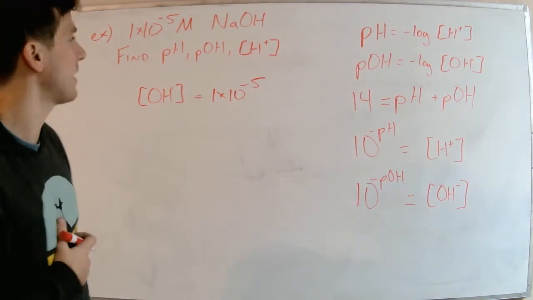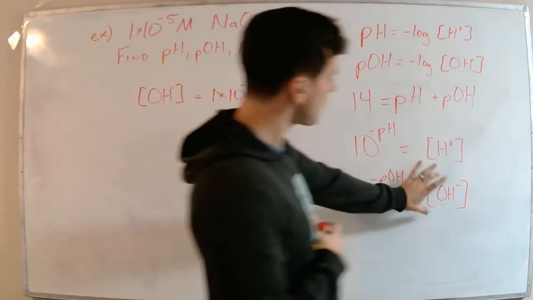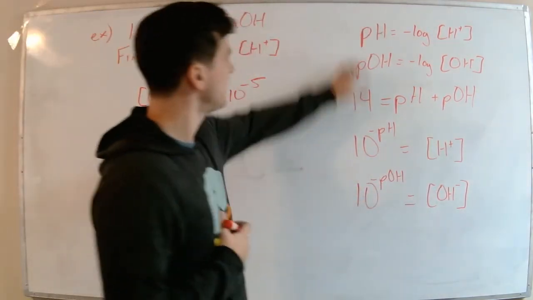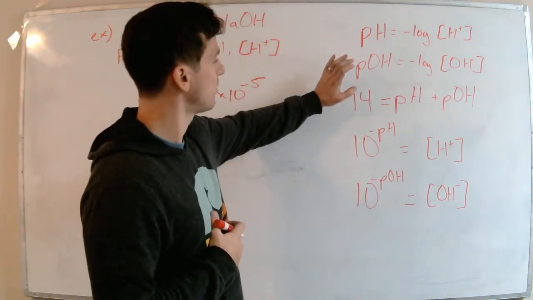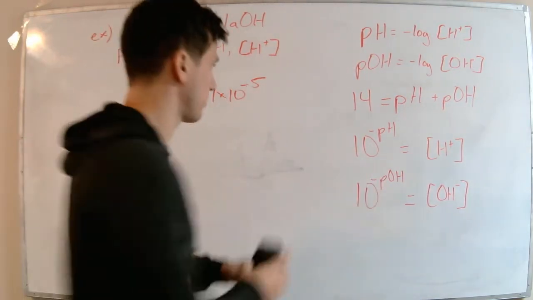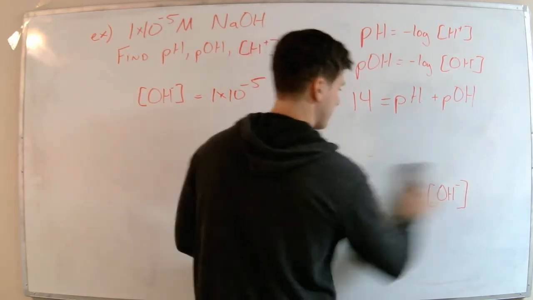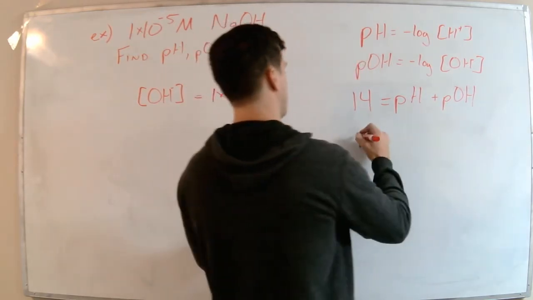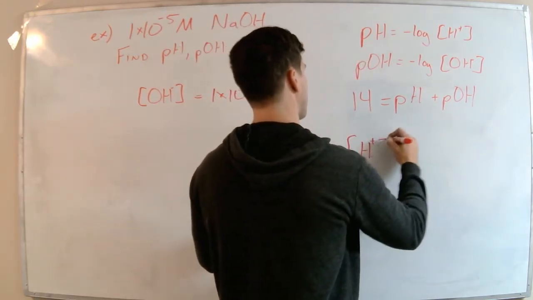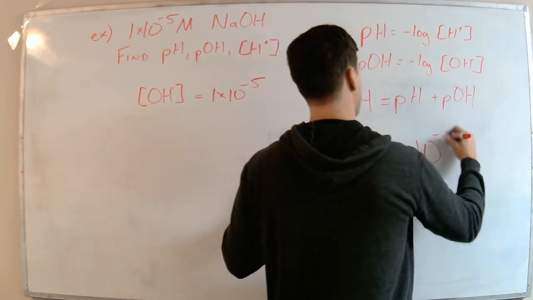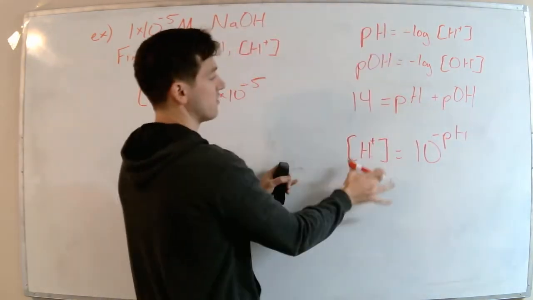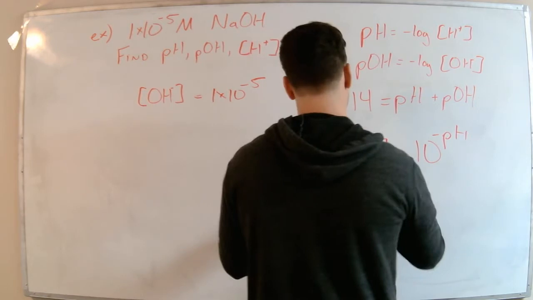So right now I have OH-, but I need pH and pOH. I'm actually going to flip these around because I don't like how I have this set up. But let's set this up now. Now everything we're looking for is on the left side, right?